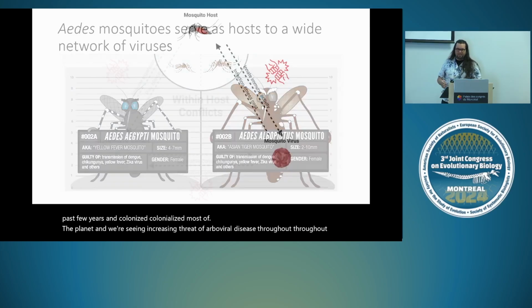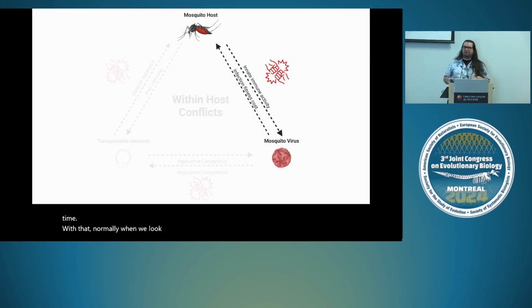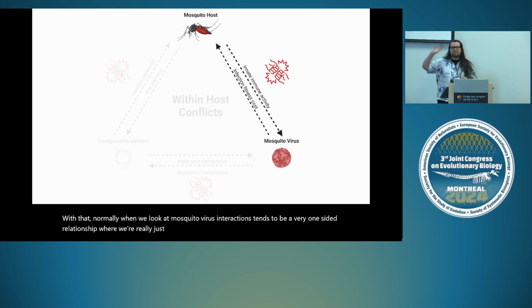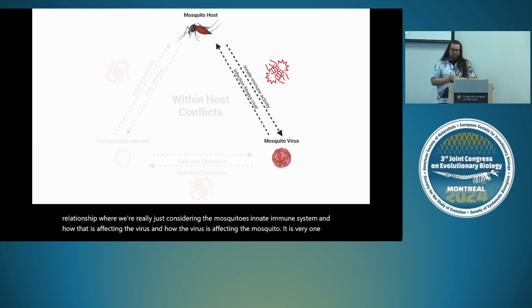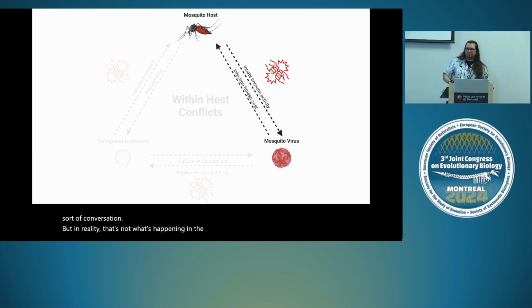With that, normally when we look at mosquito-virus interactions, it tends to be a very one-sided relationship where we're really just considering the mosquito's innate immune system and how that is affecting the virus and how the virus is affecting the mosquito. But in reality, that's not what's happening in the mosquito. The mosquito is a complex individual.